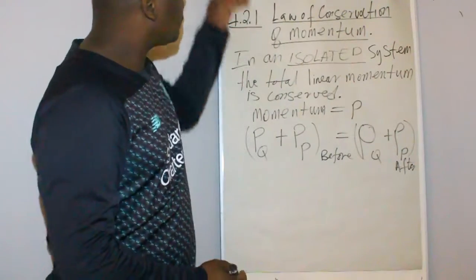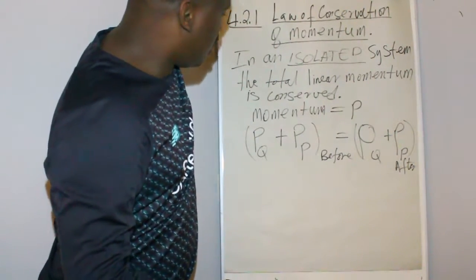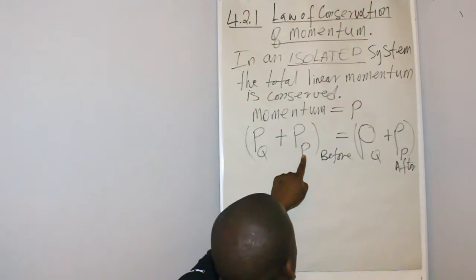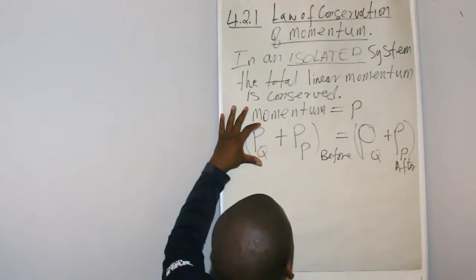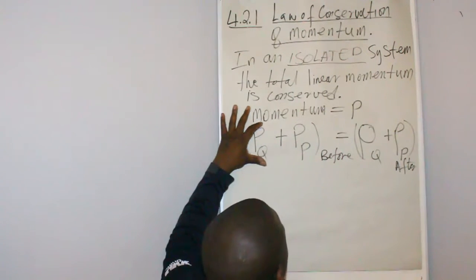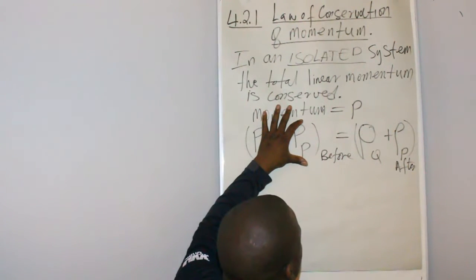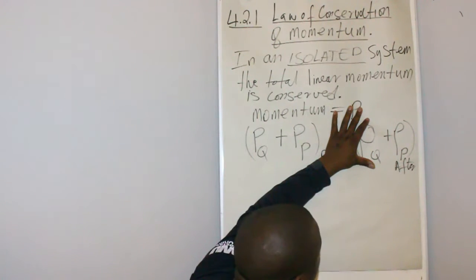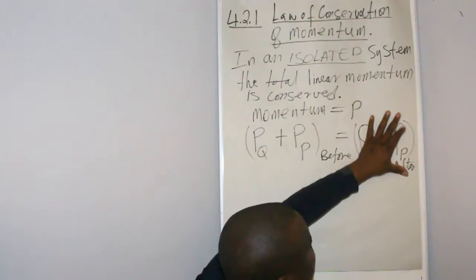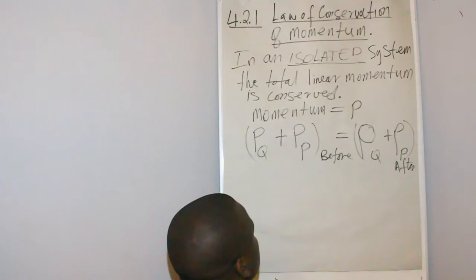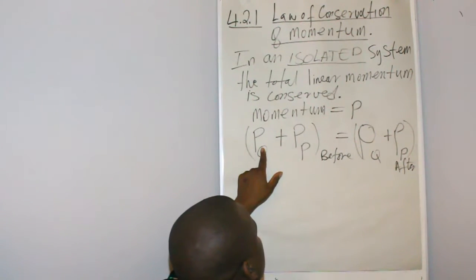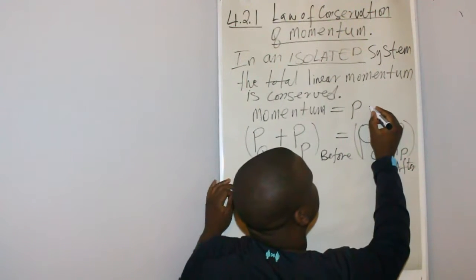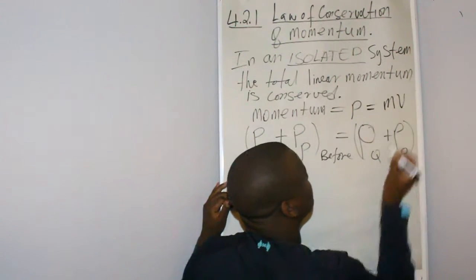So let's go back. So this is the momentum of ball Q before collision, momentum of ball P before collision, momentum of ball Q after collision, and the momentum of ball P after collision. To find this momentum, we know that momentum is the product of mass and velocity, which is equal to mv.